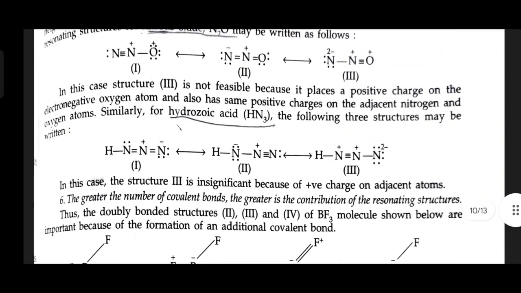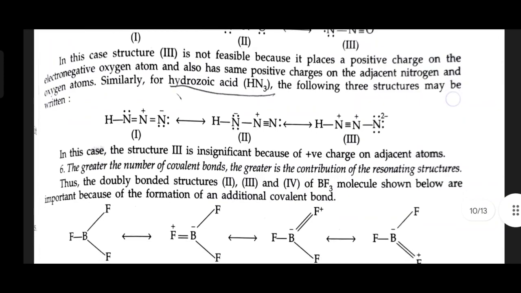In this case, structure 3 is not feasible because it places a positive charge on the electronegative oxygen atom and also has positive charge on the adjacent nitrogen and oxygen atoms. Similarly, for hydrazoic acid, the following three structures may be written. In this case, structure 3 is insignificant because of positive charge on adjacent atoms.